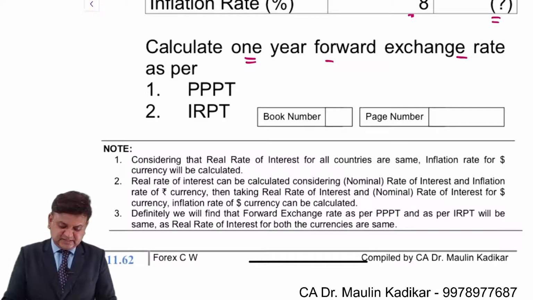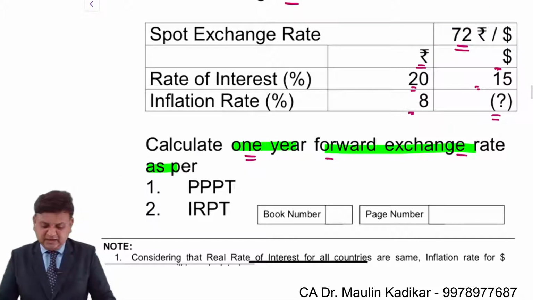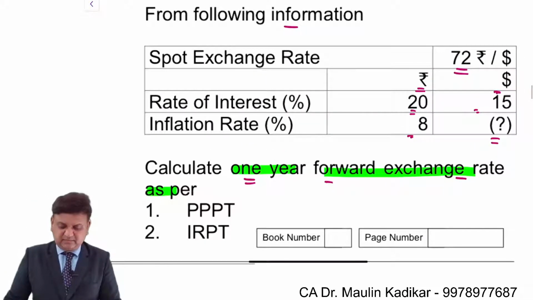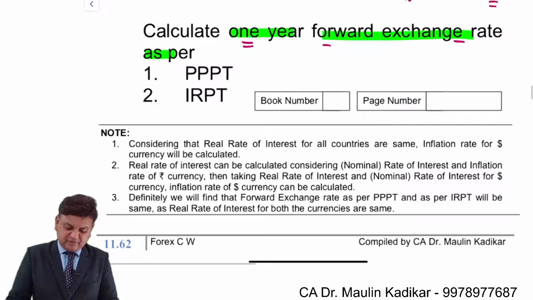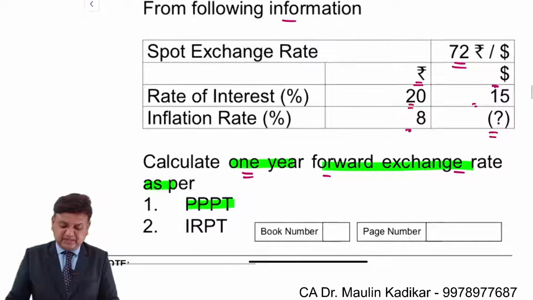The question says to compute the 1 year forward exchange rate as per PPPT, the purchasing power parity theorem, and the interest rate parity theorem. Now dear students, we can understand that the first part of the question is to compute the forward exchange rate as per PPPT.